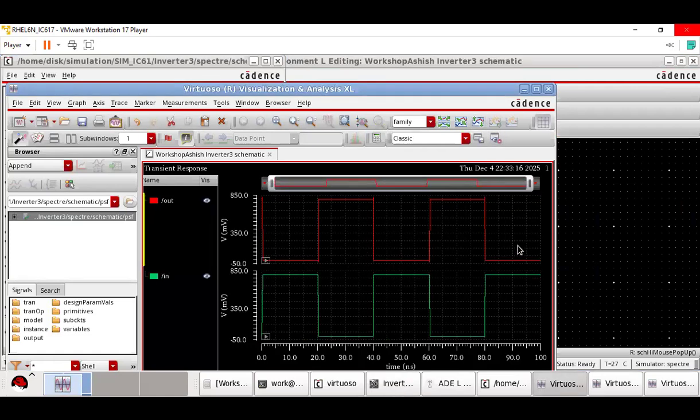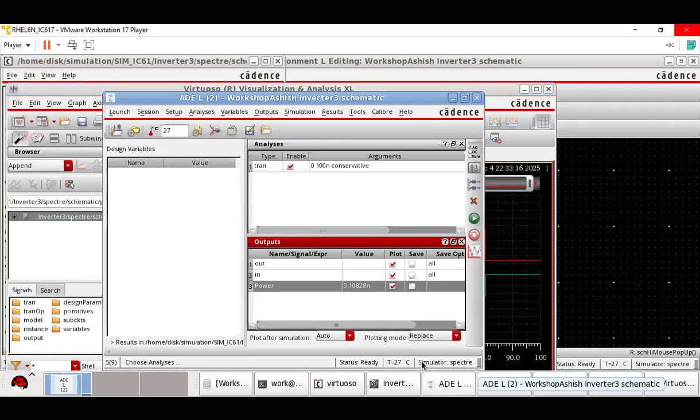Now we have 2.5 cycles here, and the power consumption is 3.10 nanowatt. So you see, for the same period of 100 nanoseconds, when you change the frequency, your total power consumption changes.